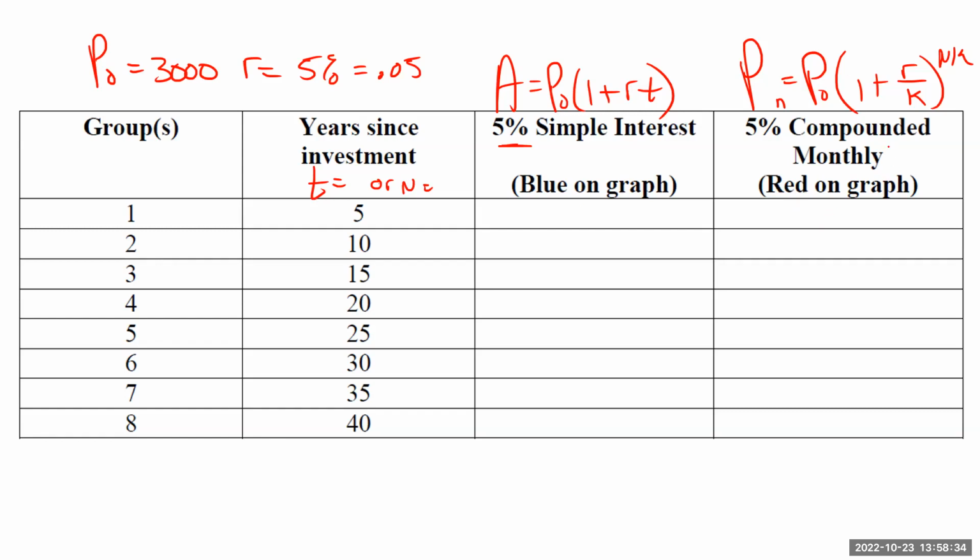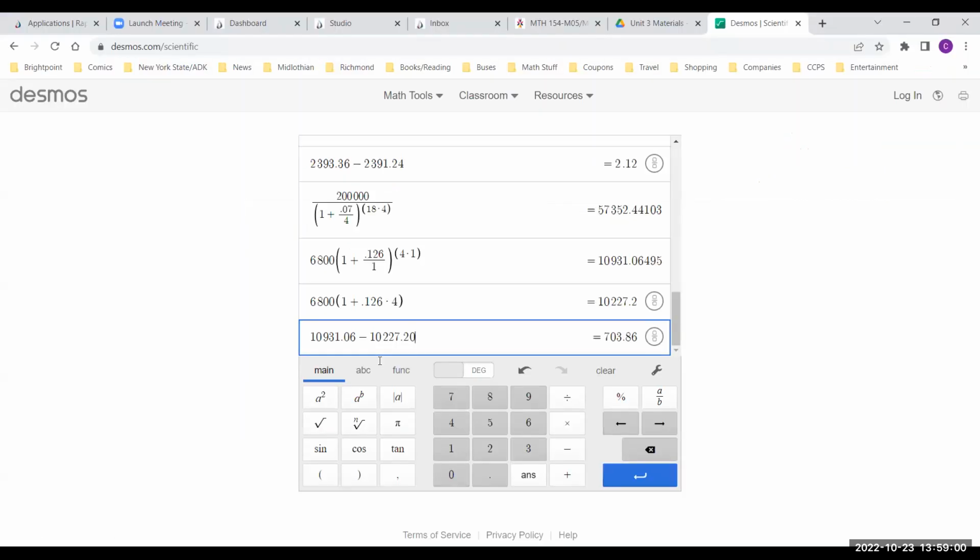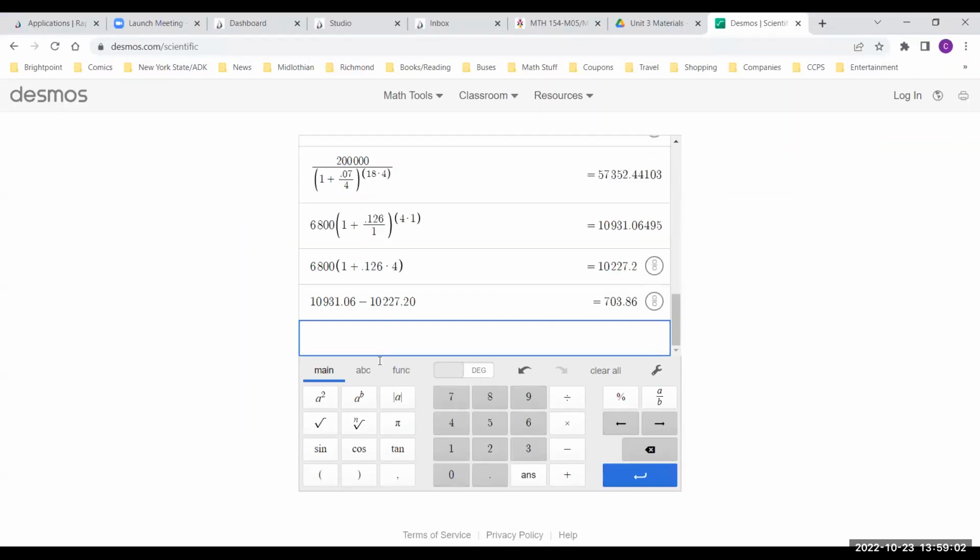All right, so let's go ahead and do the simple interest. So this is going to be P sub 0, which is 3,000, times 1 plus 0.05 times the T value of 5. All right, so let's go ahead to our calculator and compute. Okay, guys, calculator, here we go.